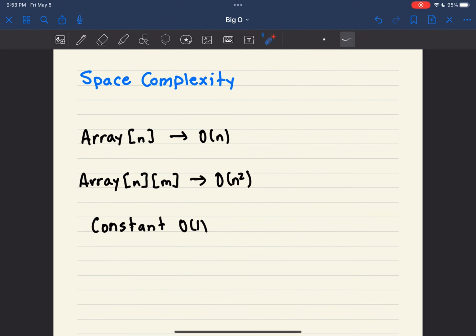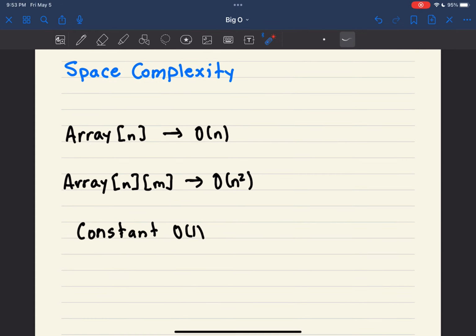And finally, for the space complexity, we also use big O. But when measuring space complexity, for example, if we're initializing an array of size n, then this would be O of n. And if we had a nested array, then that would be O of n squared, quadratic.